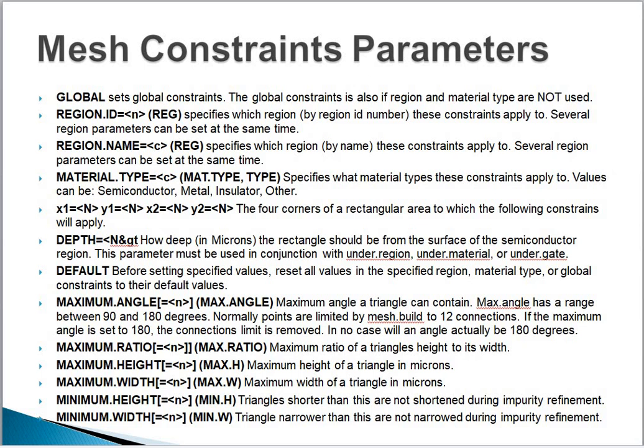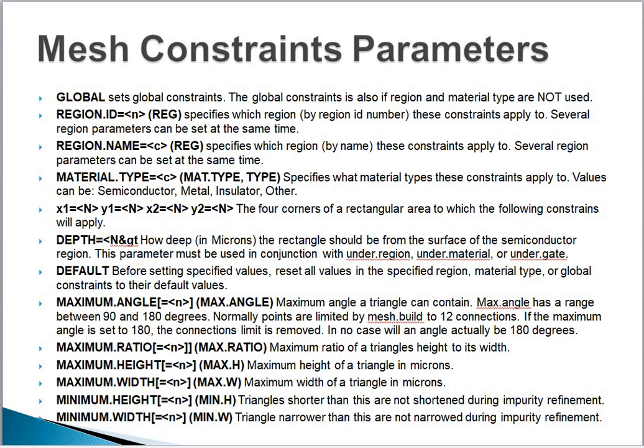Region name: specify which regions these constraints apply to. Several region parameters can be set at the same time. Material type: specify what material type these constraints apply to. Value can be semiconductor, metal, insulator, and others. x1, x2, y1, y2: the four corners of a rectangular area to which the following constraint will apply.